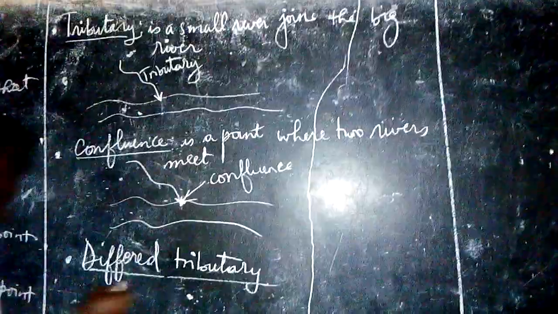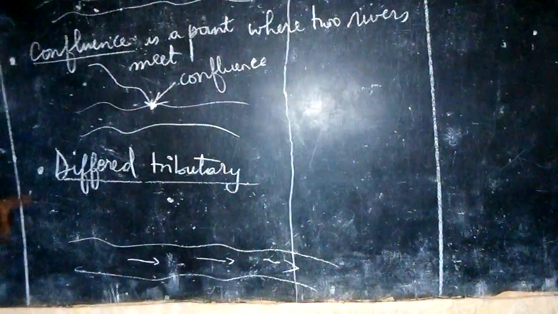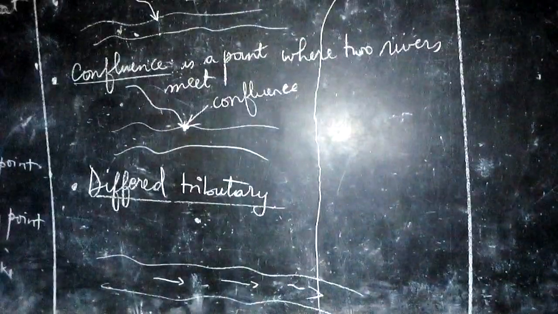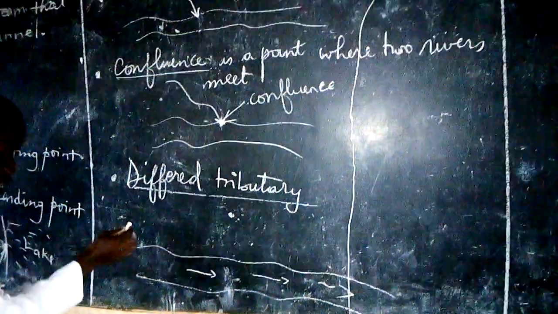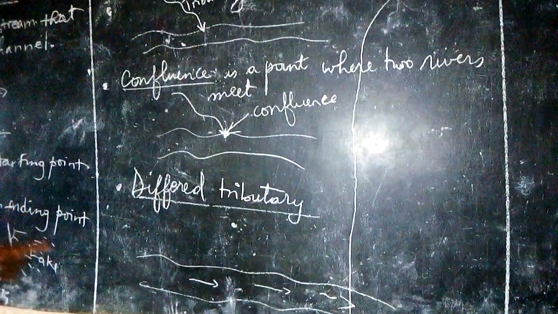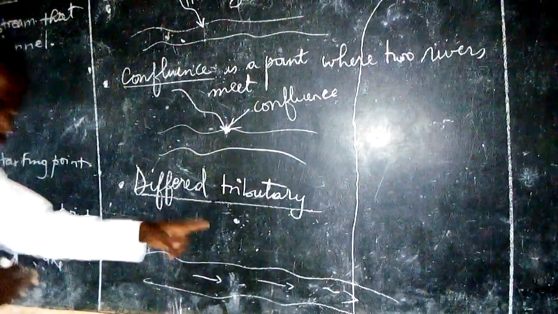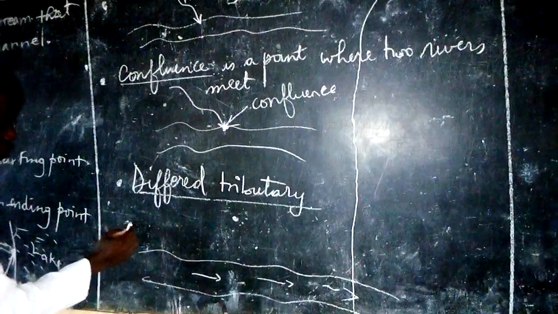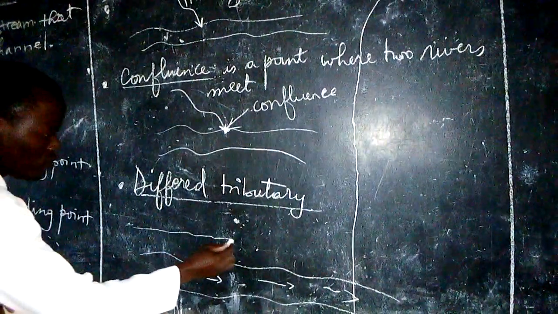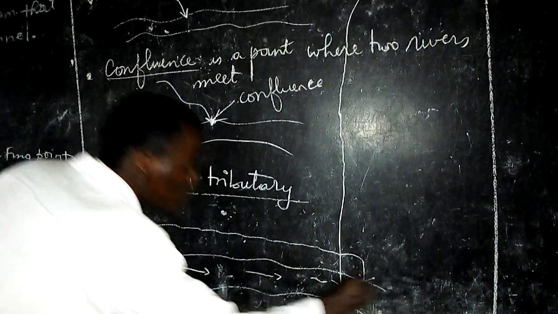Let me show you by using a diagram. Suppose that this is a big river. But remember, we have said that a tributary is a small river that joins the big river. And here, if a small river, before joining the big river, moves alongside that big river for a long distance, finally it joins this big river. You see, this small river is moving alongside this big river for a long distance, and finally it joins this big river.